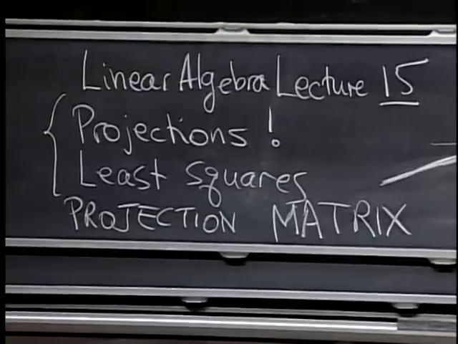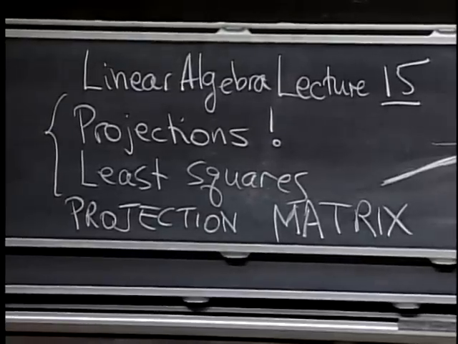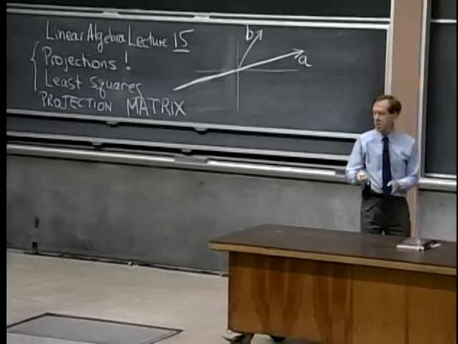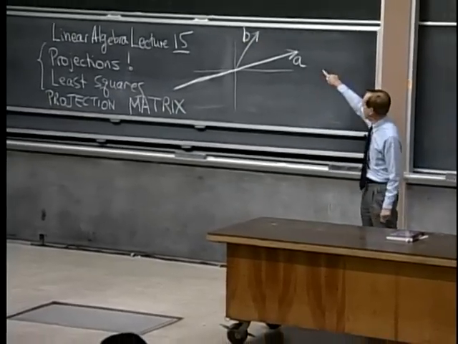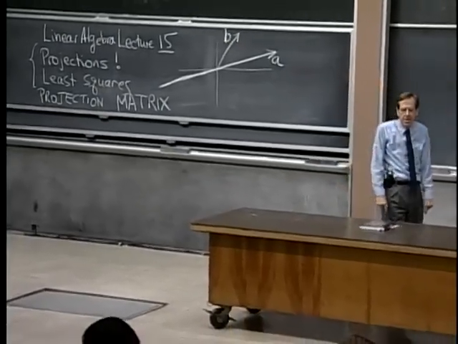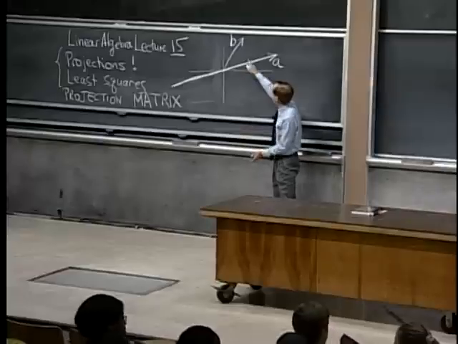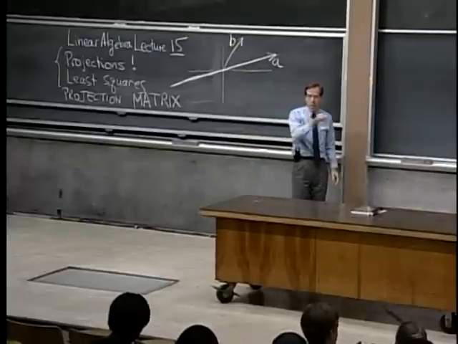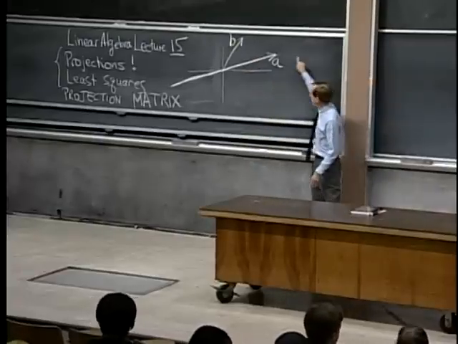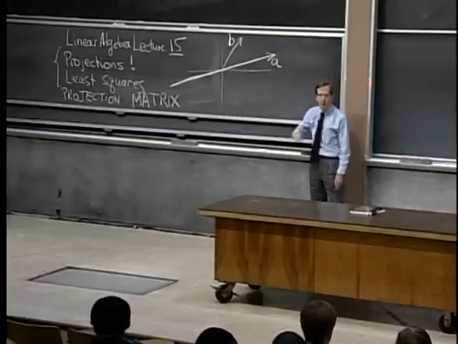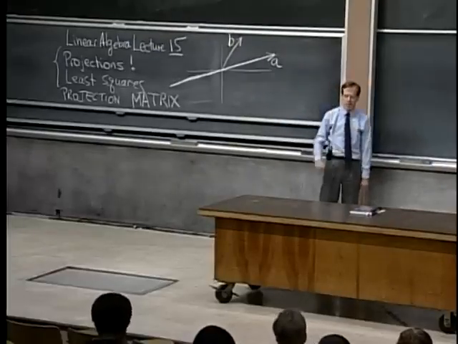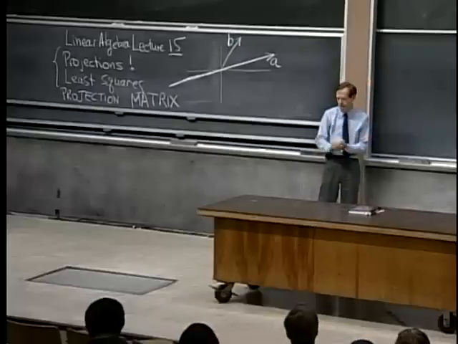It's about projection. And let me start by just projecting a vector B down on a vector A. So you see what the geometry looks like when I'm in just 2 dimensions. I'd like to find the point along this line. That line through A is a 1-dimensional subspace, so I'm starting with 1 dimension.